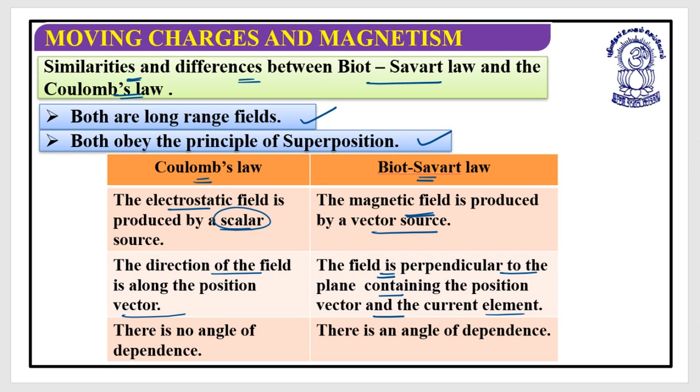If you want to see this, let's assume this is a plus charge q and you require the electric field at this point P. Due to the plus charge, the electric field will be radially outward. But this is on the same plane as the source is present.